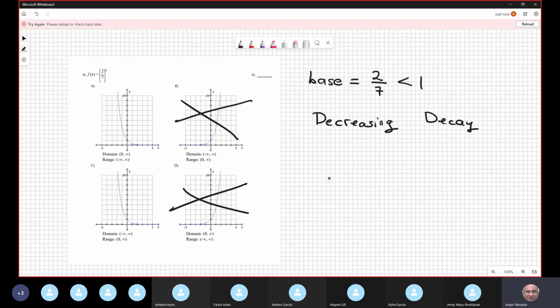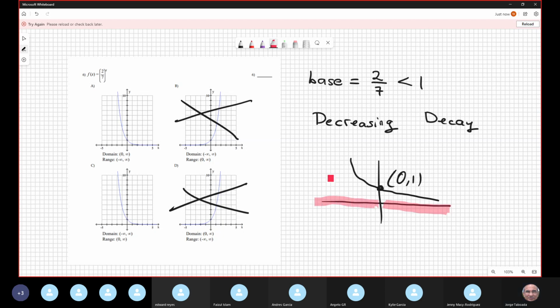So do you understand very well that for any exponential, it doesn't matter if it's decreasing or increasing, this is a famous point, (0, 1). The domain is all real numbers. This is the positive part and this is the negative part. This is the domain. And the range is only the positive part, from 0 to infinity, and it doesn't touch 0 because it's asymptotic to 0.